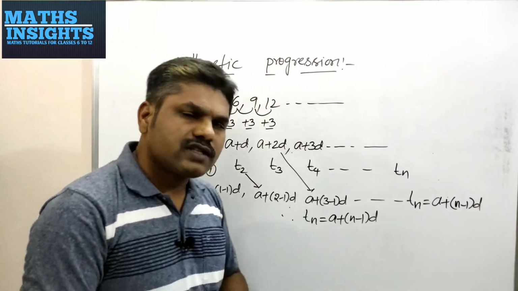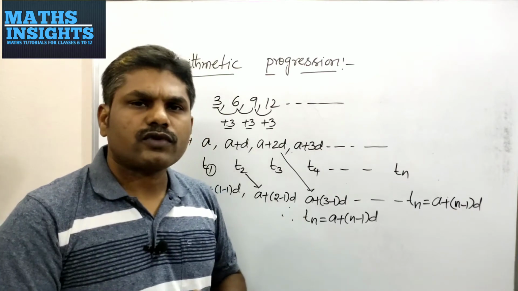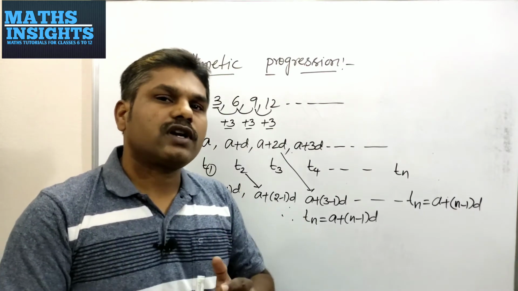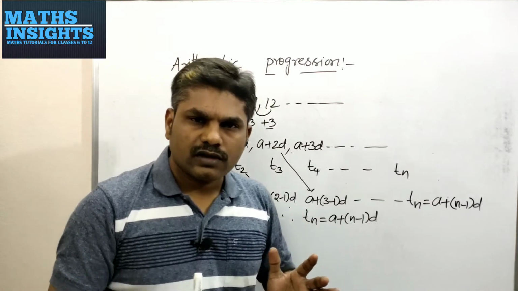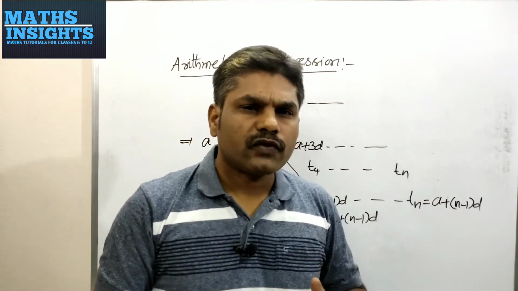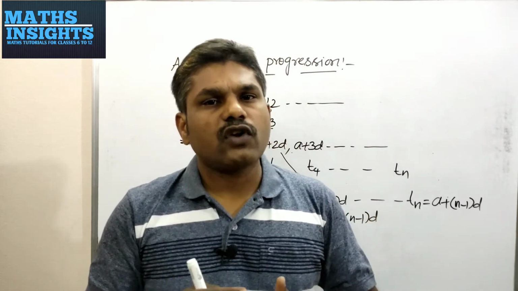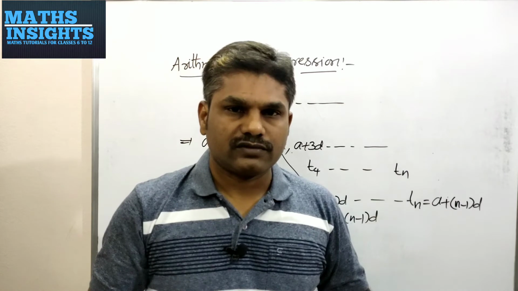What is the use of this formula? This formula is used to find any particular term of a progression. In any arithmetic progression, they will give you the first 4 terms or 5 terms or 10 terms. They will ask you the 100th term.